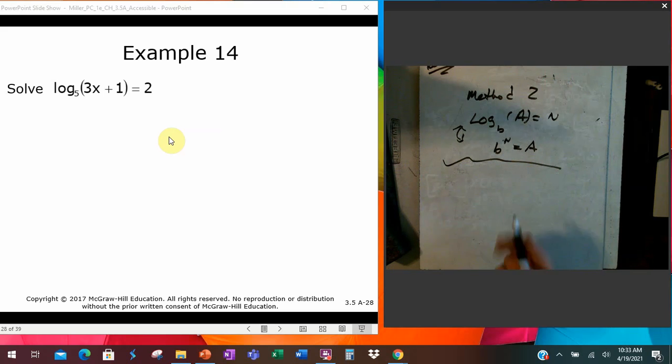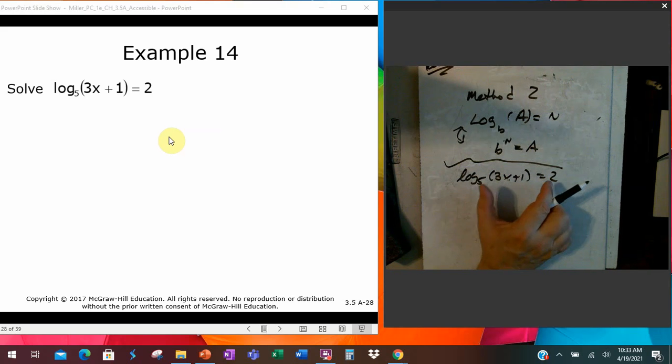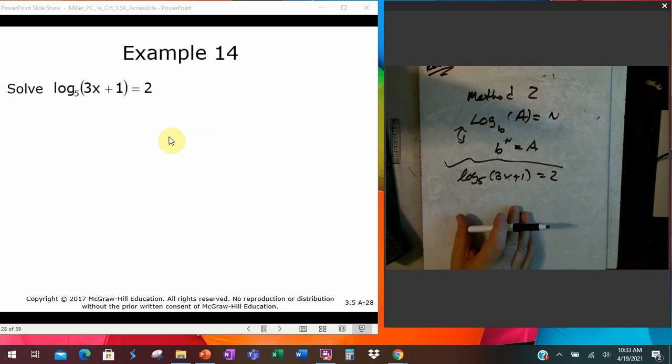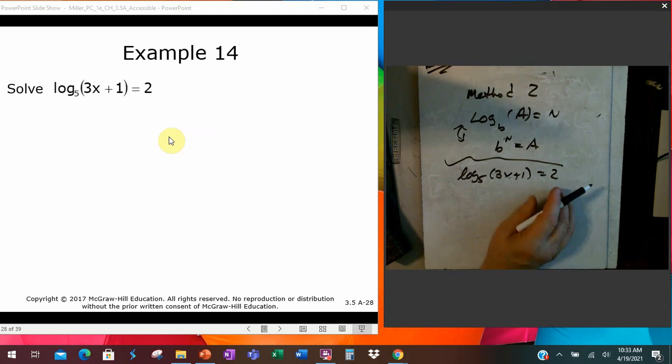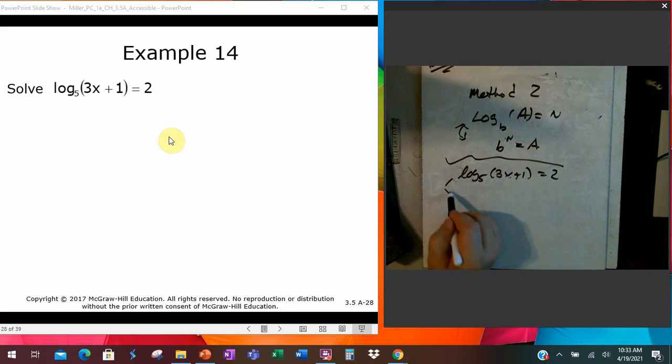Okay, so let's work a couple of these. So this is method two. I recognize method two because I have a number over here, not another log expression. Log 5 of this is equal to log 5 of that. I do it together. Okay. So then I can go to the other piece. This is basically, I'm using the equivalent from the log form to the exponential form.